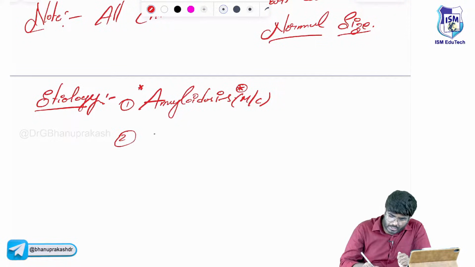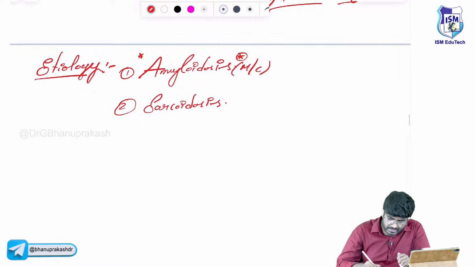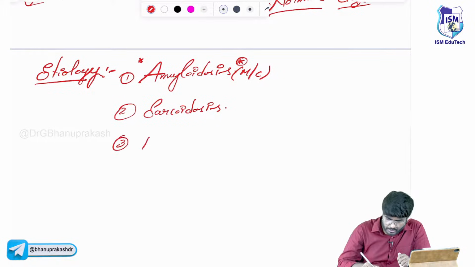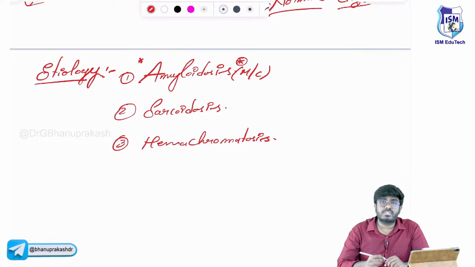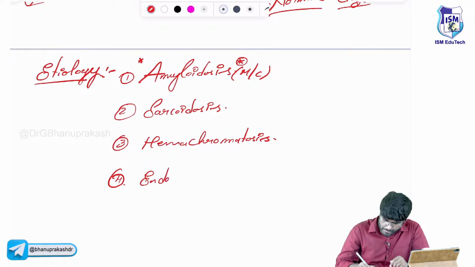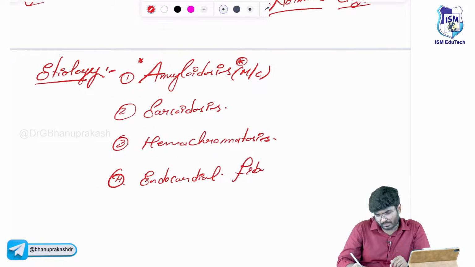You already know sarcoidosis. Okay, granuloma formations inside the heart: sarcoidosis. Then hemochromatosis. Next, endocardial fibroelastosis, and Loeffler syndrome.